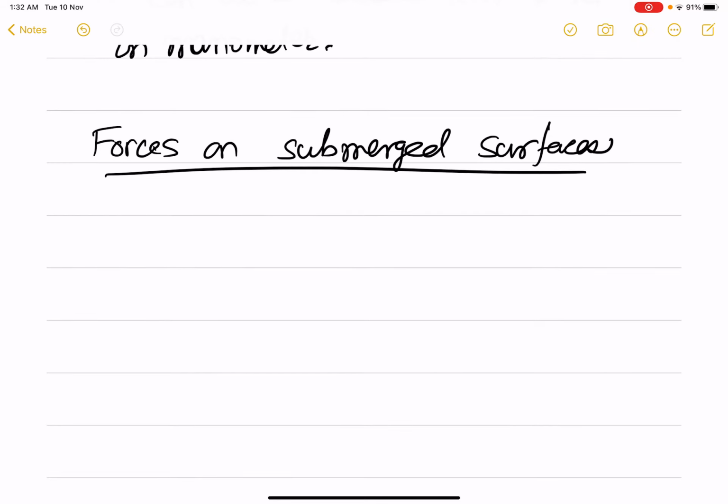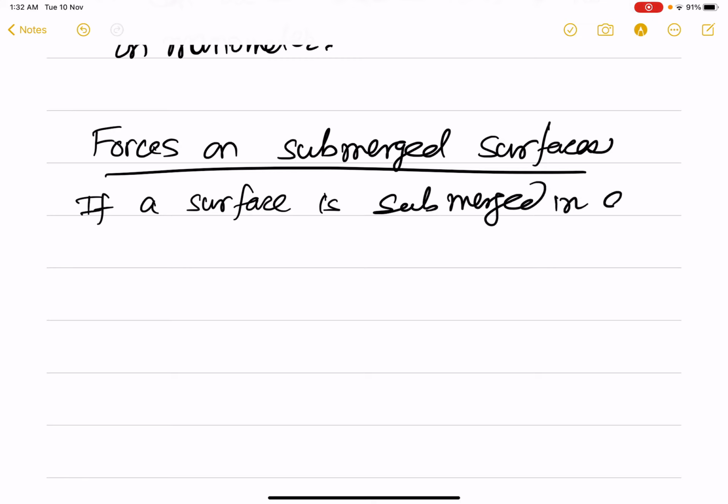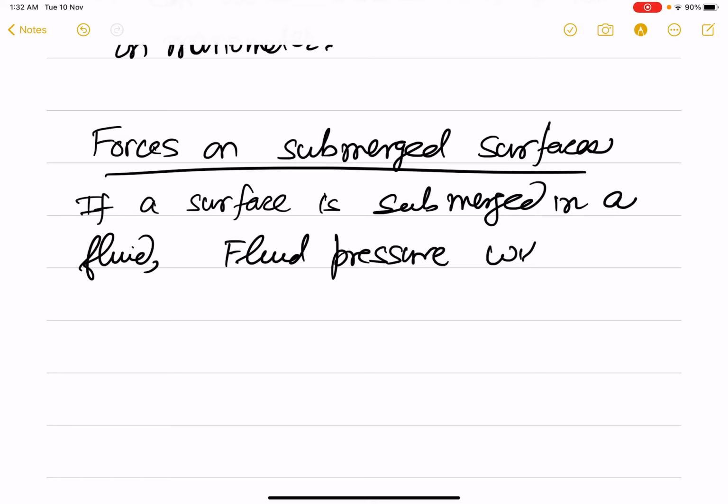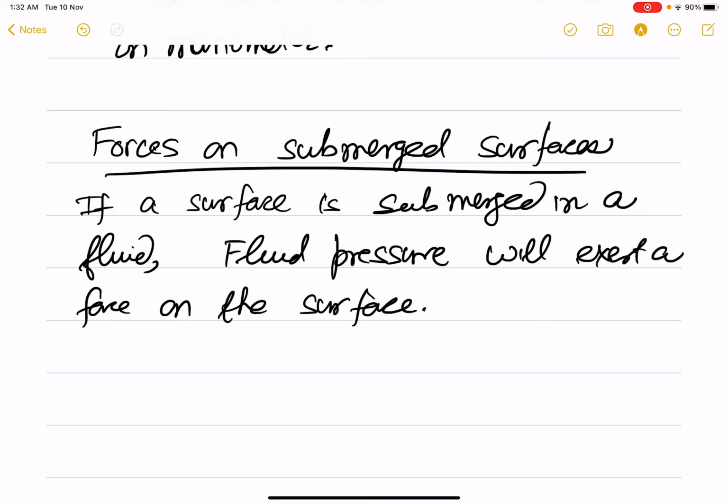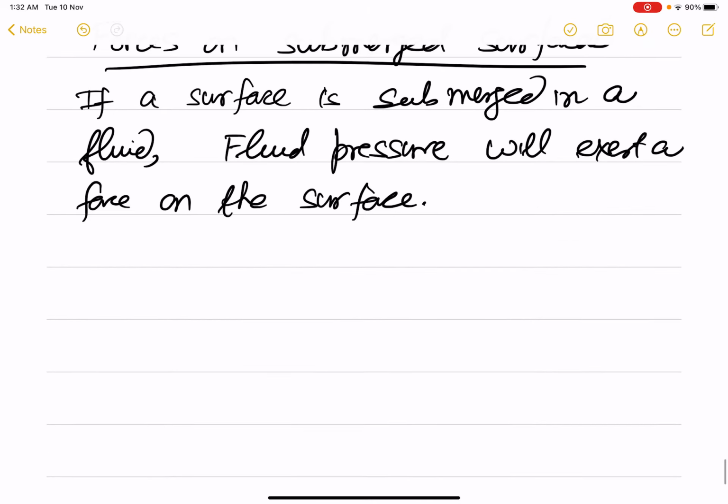If a surface is submerged in a fluid, then the fluid pressure will exert a force on the surface. And this is what we would like to know, how to calculate this force.